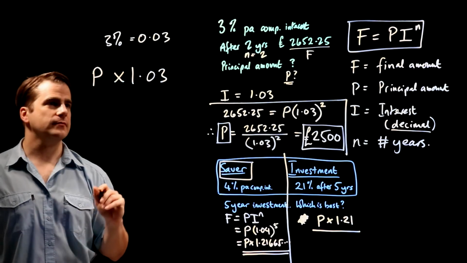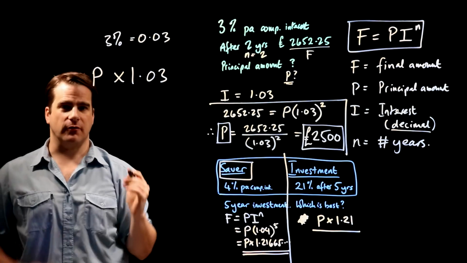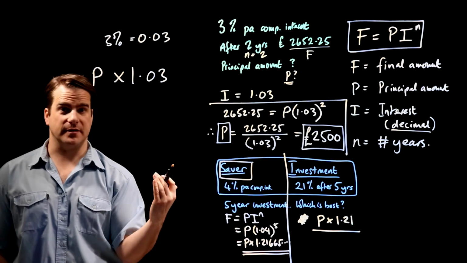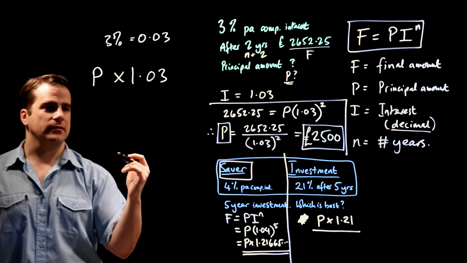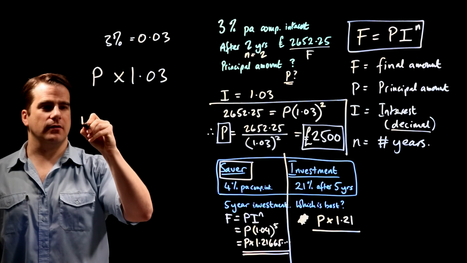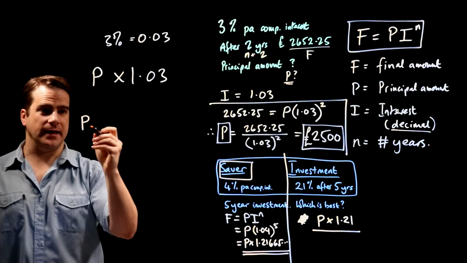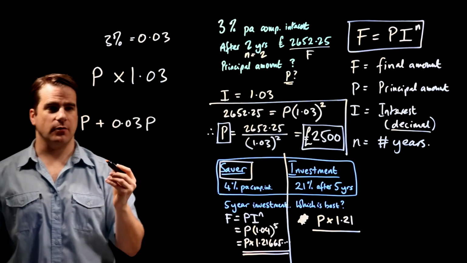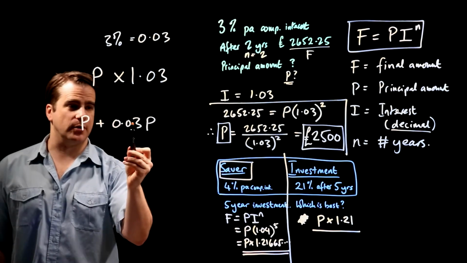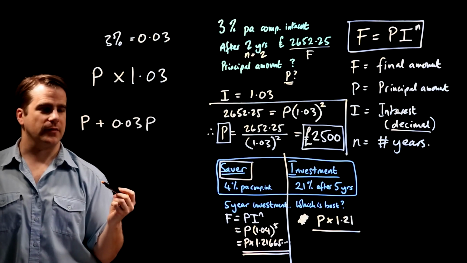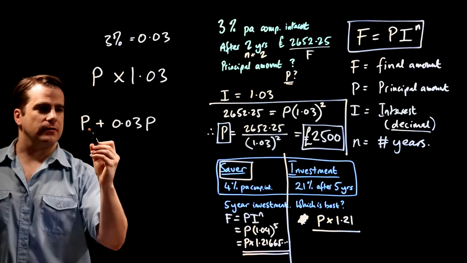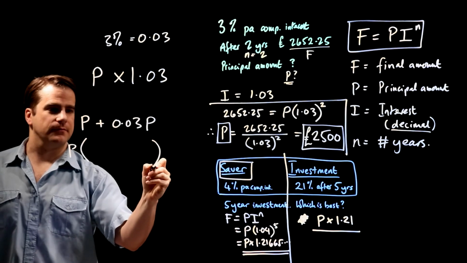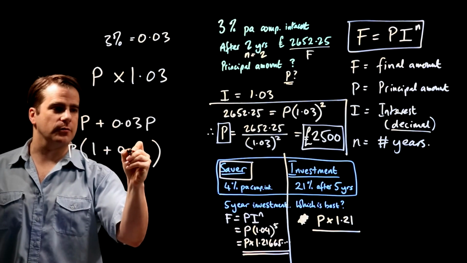Because if you have a certain amount of money, P, okay, and you're going to increase that value by 3%, then you would get P plus 3% of P. In other words, you get P plus 0.03 times P, okay? We can factorize this, pull out a P, okay, and that's the same as 1 plus 0.03.